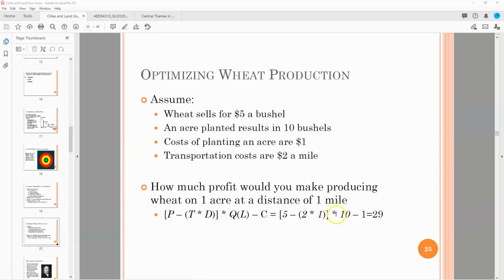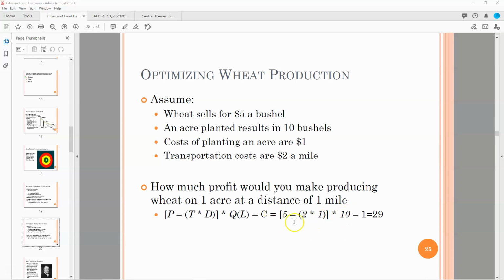Then we need 2 times the total quantity of our wheat, and the total quantity would be equal to the production from 1 acre and the total acre. So the production from 1 acre is 10 bushels, and we only have 1 acre, so the quantity is 10.